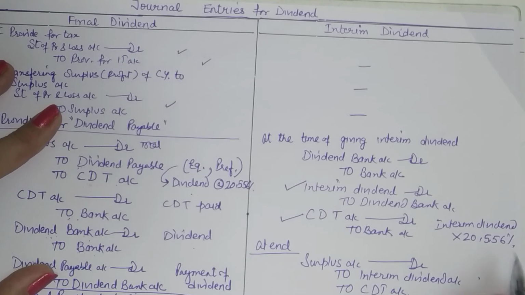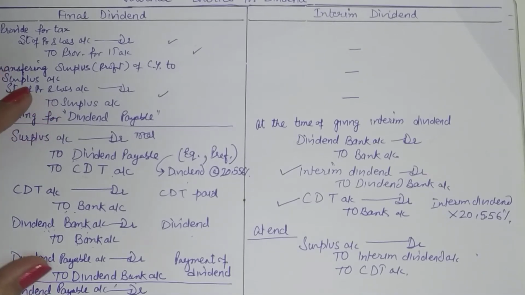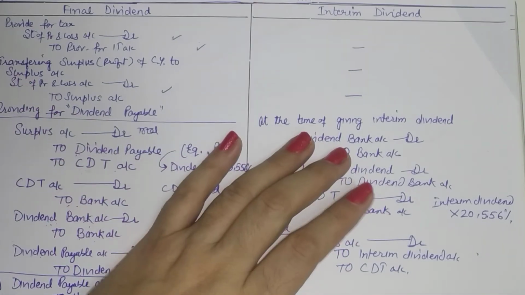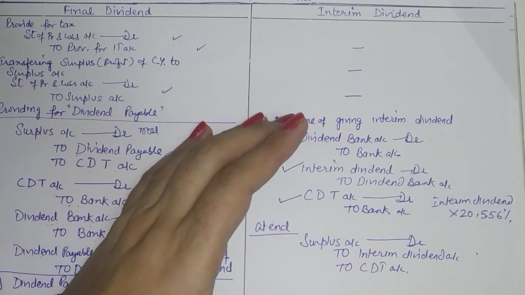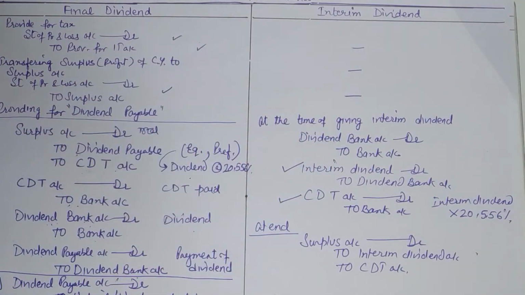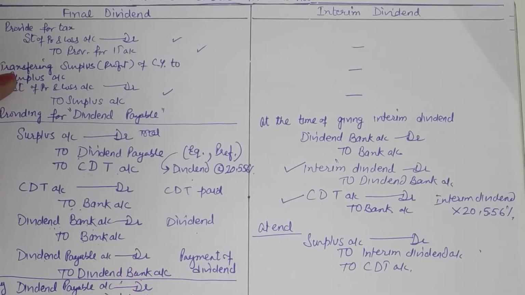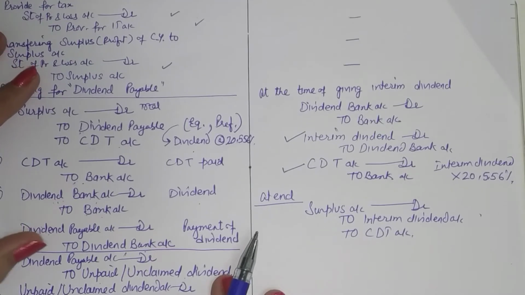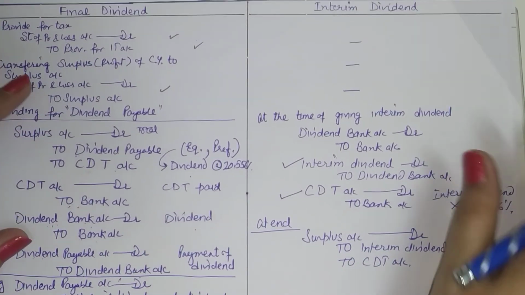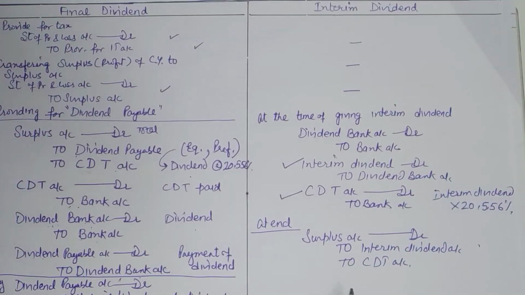So this is the adjustment, right? Now herein same rule is there. If the dividend cannot be paid or claimed by the shareholders due to any reason, then the amount will then be shifted to unclaimed or unpaid dividend account, which will then be closed in Investors Education and Protection Fund after 7 years.